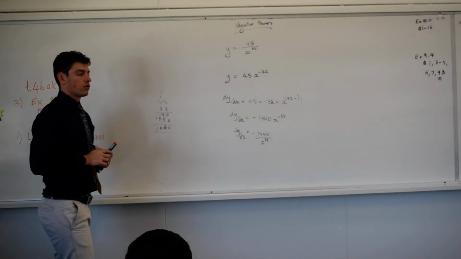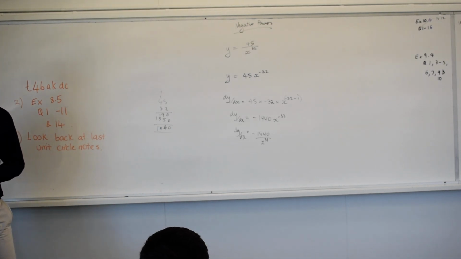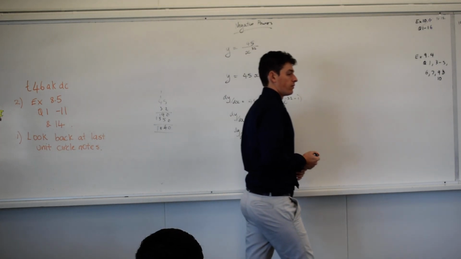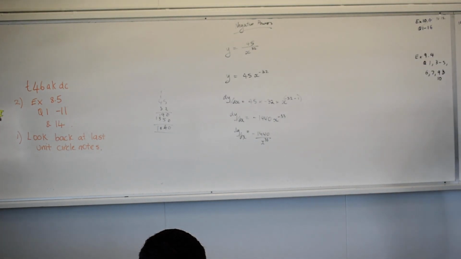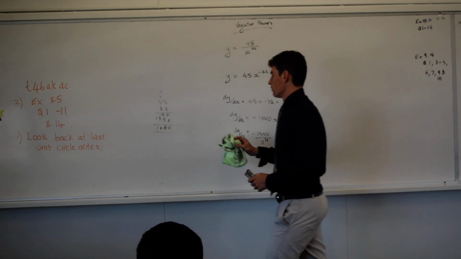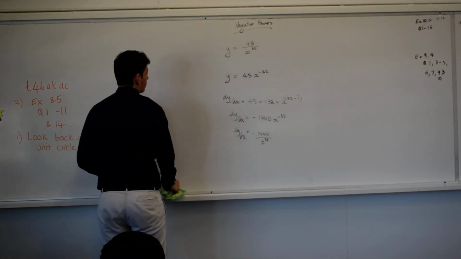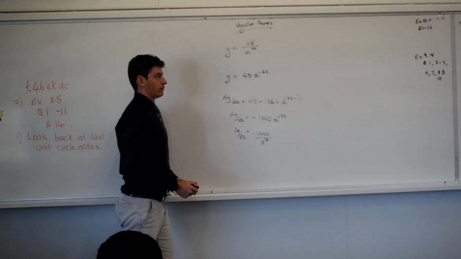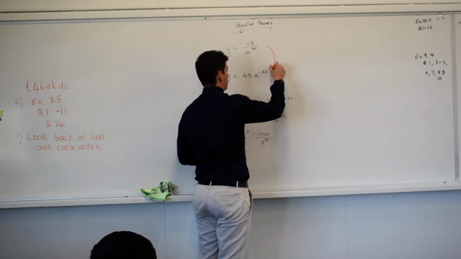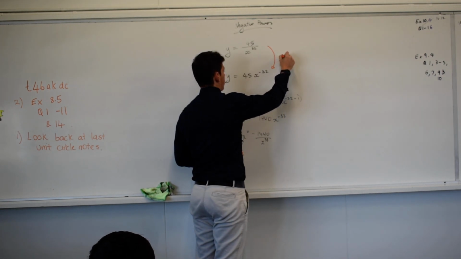Happy with that? What were the steps when dealing with negative powers? What was the first thing that I did? When I was dealing with a power in my denominator, I put it in the numerator using a negative power, correct? That was my first step.